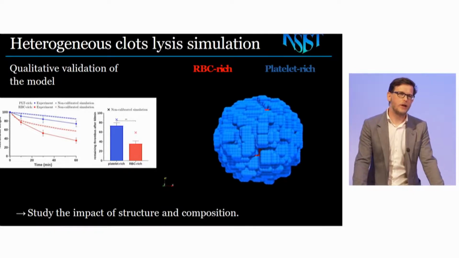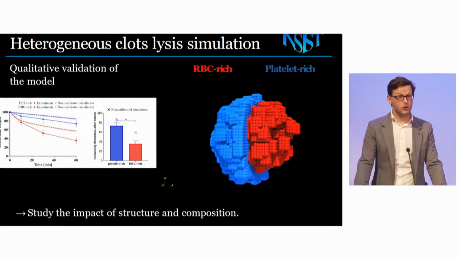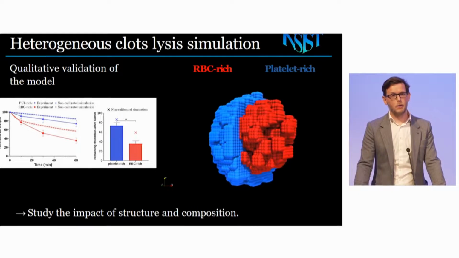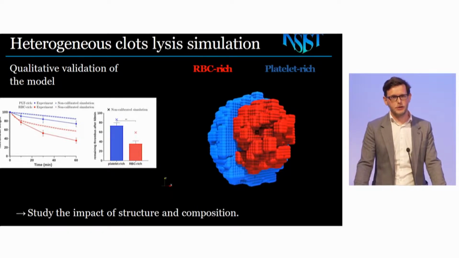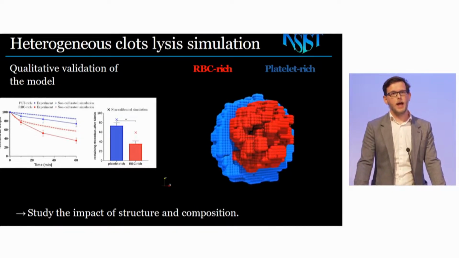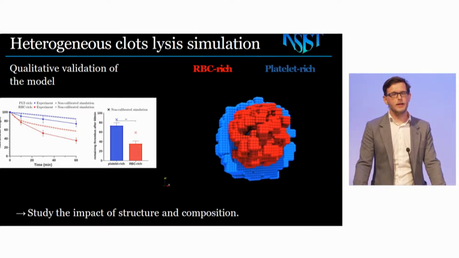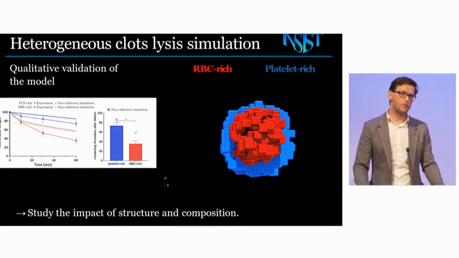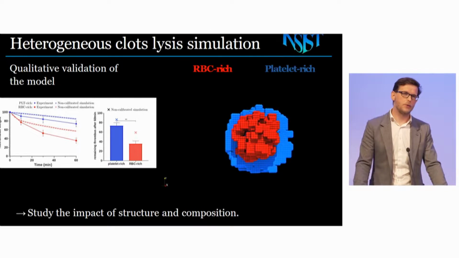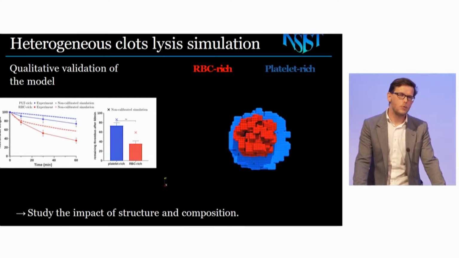On the left-hand side, you can see a graph showing the biological experiments where we can lyse these red blood cell-rich clots with TPA easily, and where the platelet-rich clots are more difficult to lyse using TPA, shown in blue.